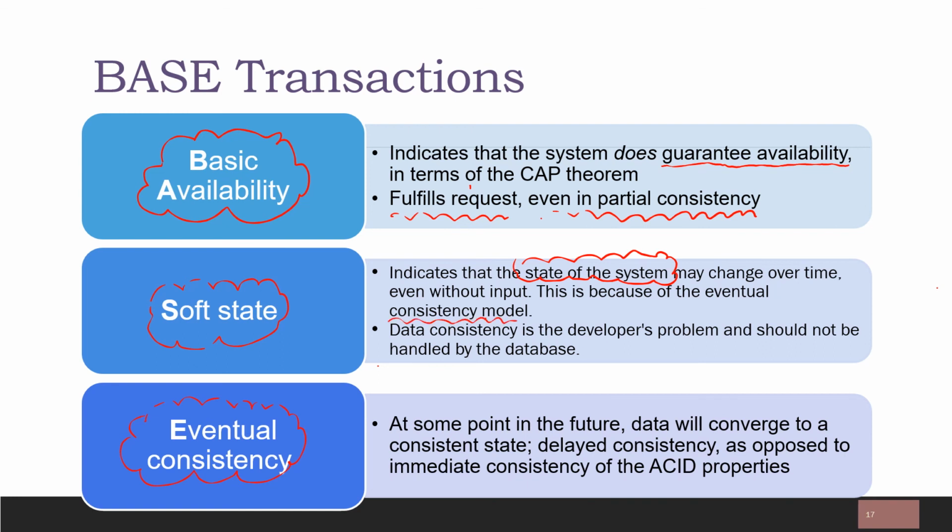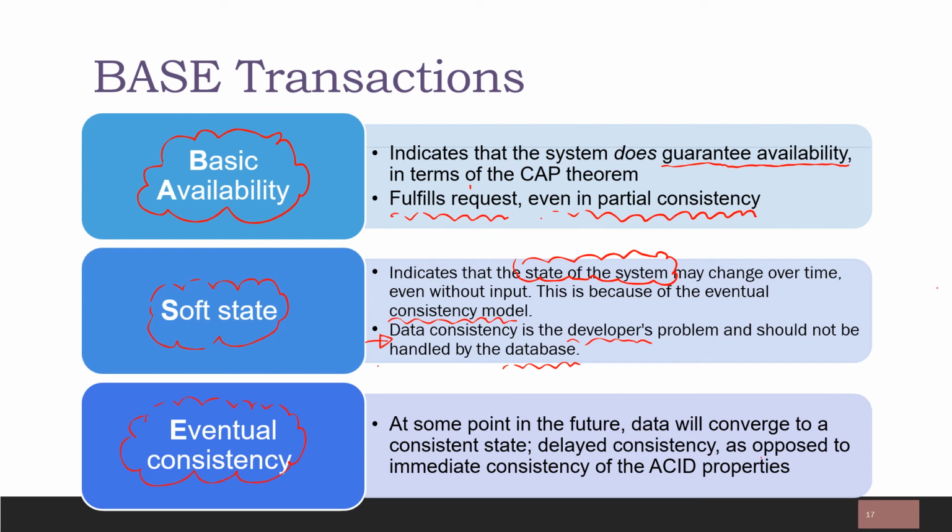Even though there is no change made by the user, the system is still working on eventual consistency among all the replicated nodes in the distributed network system. It is also mentioned here that data consistency is the work that the developer has to maintain and ensure, not the work to be handled by the database system.